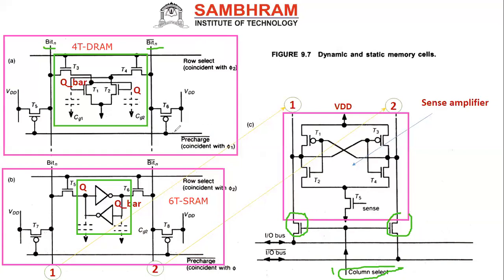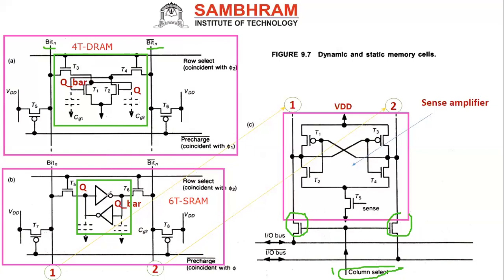This pre-charge bar is coincident with phi 1. Now you can see here in this transistor, here I specified this is Q bar, this is Q, as I said in this space actually.